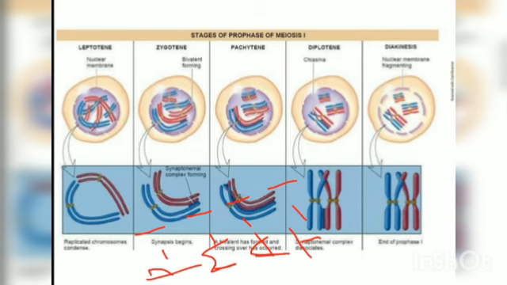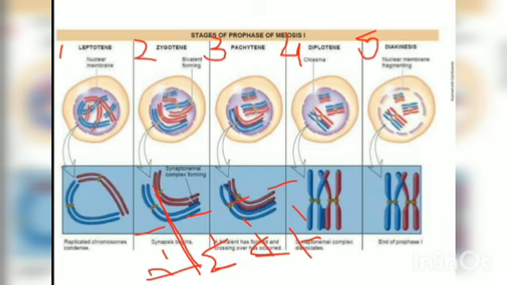But prophase 1 is the longest duration of all of meiosis, because prophase 1 again has 5 sub-stages. What are these? One is leptotene, then second one is zygotene, third one is pachytene, fourth one is diplotene, and the fifth one is diakinesis.